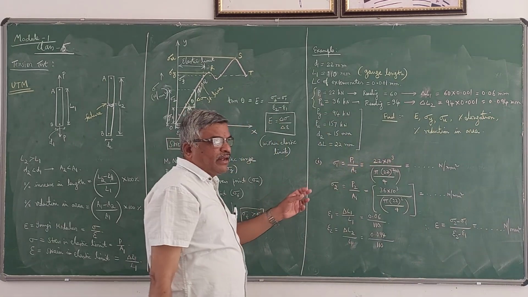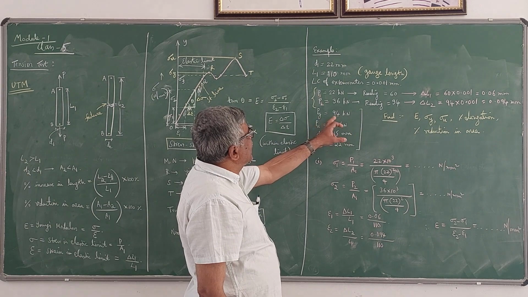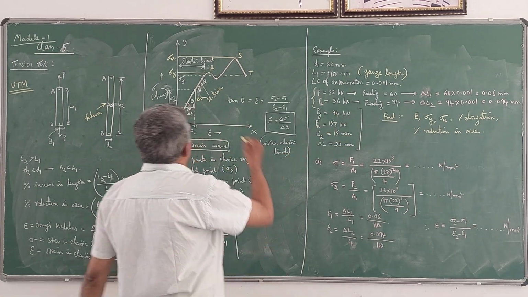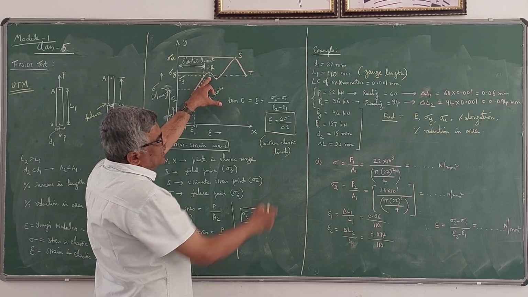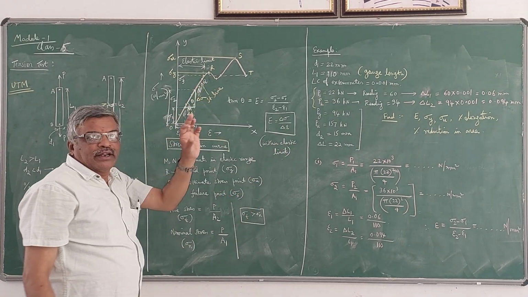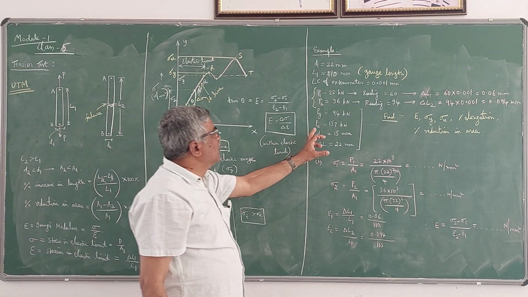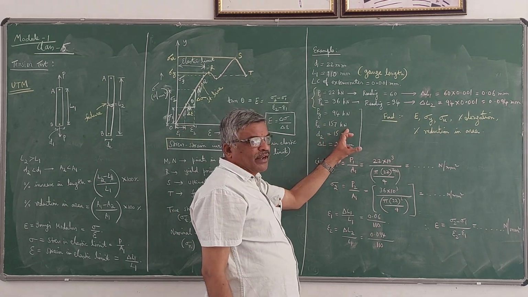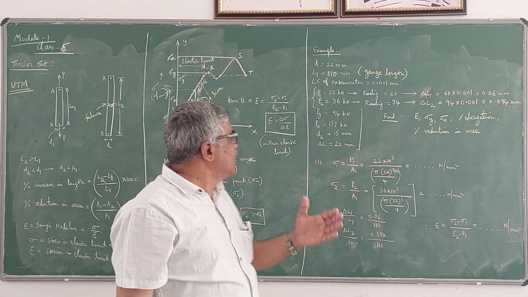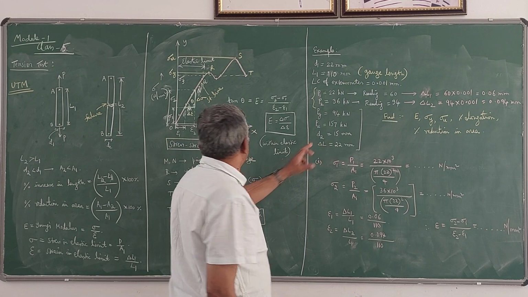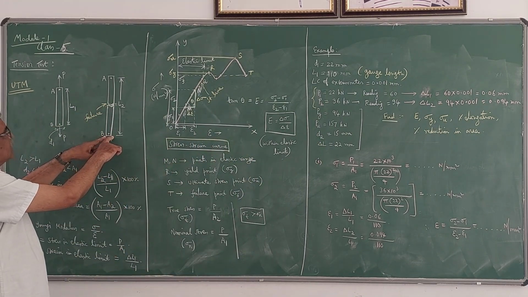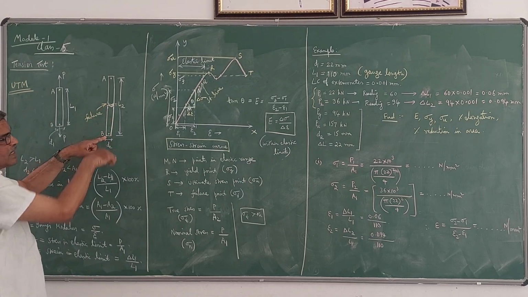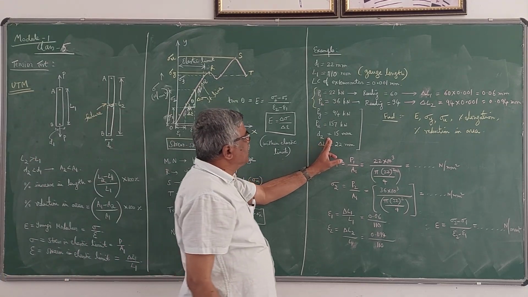Also he has given the load at the yield point. To get this point R, when the load is 94 kilonewton, the yield point is observed. When the load is 157 kilonewton, maximum stress is observed. The final diameter of the specimen at the end of the test, when the specimen fails, D2 is 15 mm.